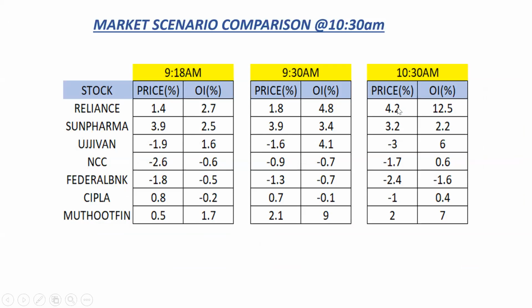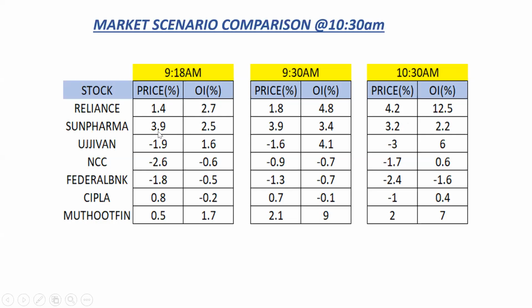At 10:30, the price increased from 1.4% when we were supposed to enter to 4%. That means you had already gained roughly 2%, and OI and price were still increasing. That means people are very bullish on Reliance. So as an intraday trader, I would have booked my profits within this 2% only, because you can't go very long in intraday. It will put you in danger, because anytime the market or trend reverses, you will only lose money.